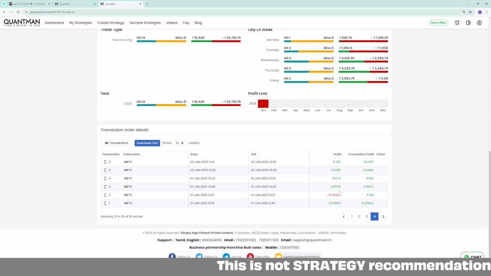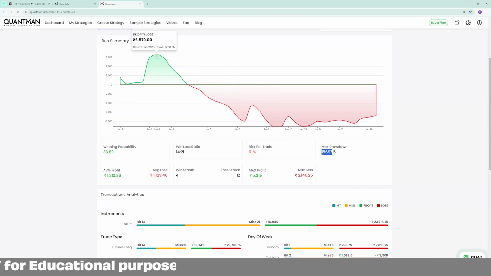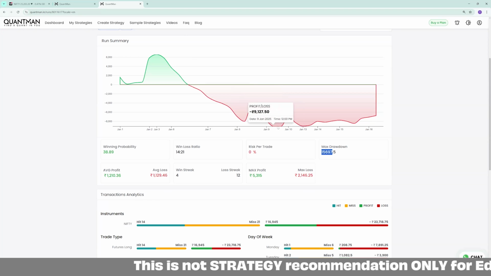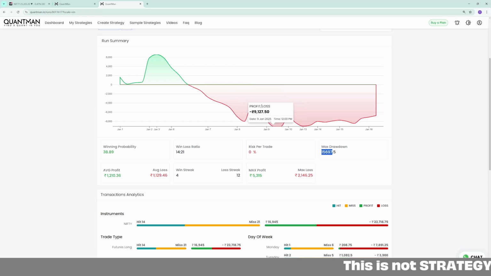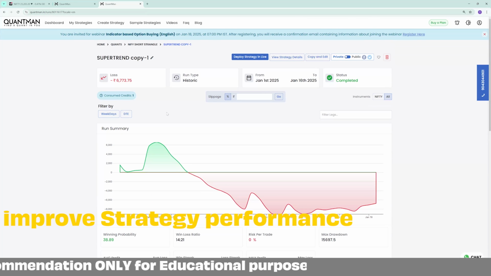So far the strategy is not performing. Maximum drawdown is 15,000. Drawdown is calculated from the high of 6,500 to the lowest low of minus 9,000. So minus 9,000 plus this 6,500, total 15,000. So we need to improve the strategy performance.